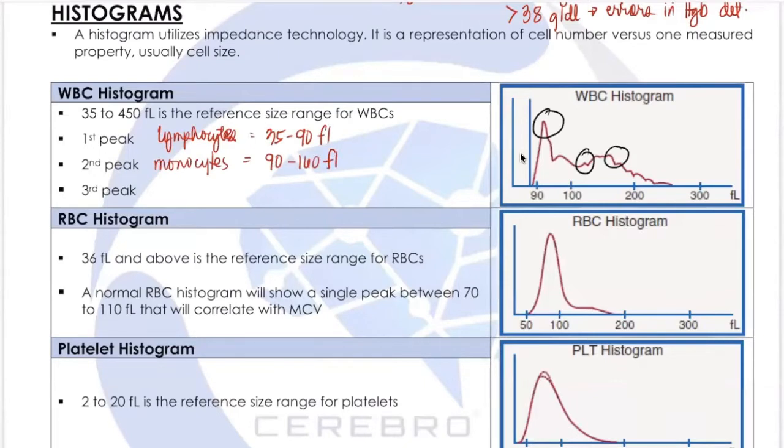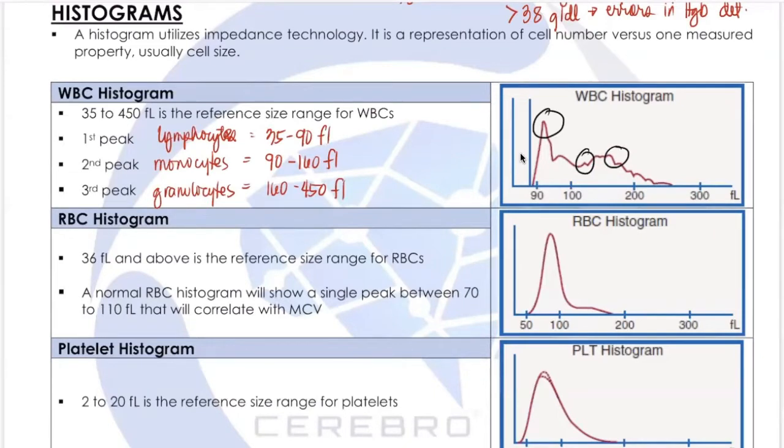And lastly, the third peak represents the granulocytes with a volume of 160 to 450 femtoliters. That's why kung makikita natin dito, medyo yung nasa dulo, medyo broad siya, considering the several populations of our granulocytes.